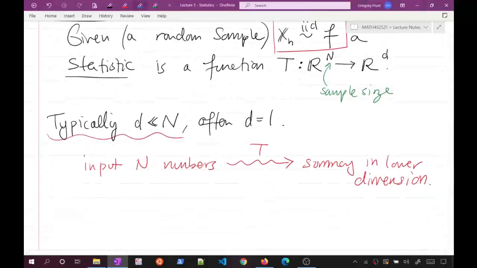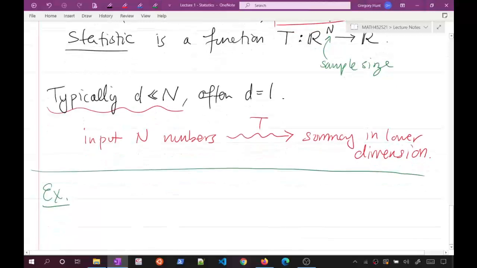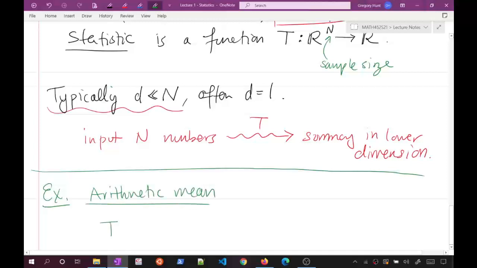Let's look at some concrete examples here. The most obvious statistic is the arithmetic mean. Right? So t of my sample is 1 over the sample size, the sum of the values of my sample.